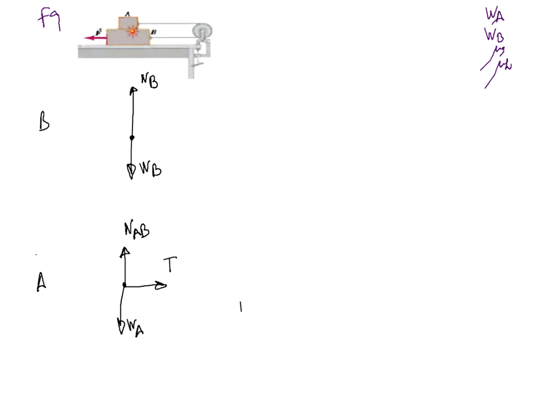As we apply the definition of a normal force, what must be its direction? So the force coming from A acting on B is up, or is it down? Okay, perfect.